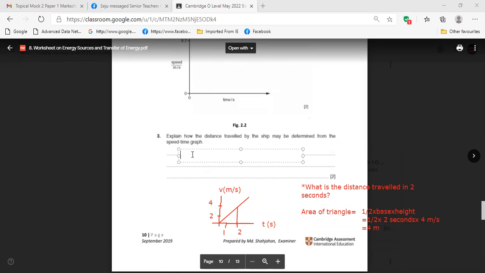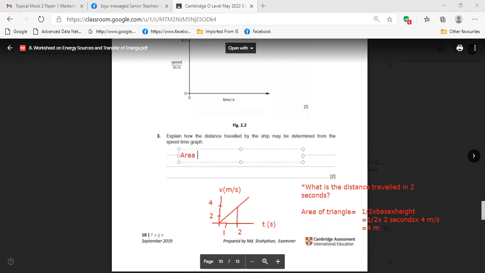So right here, our answer will come now in this part. I think you know now what we have to write. They are saying explain how the distance traveled by the ship may be determined from the speed time graph. So what will we write?